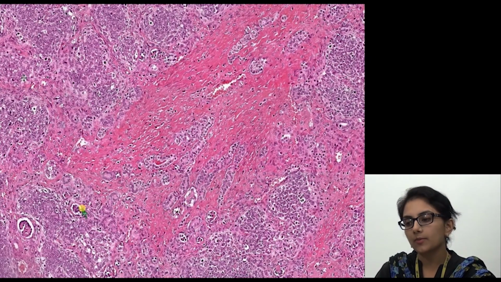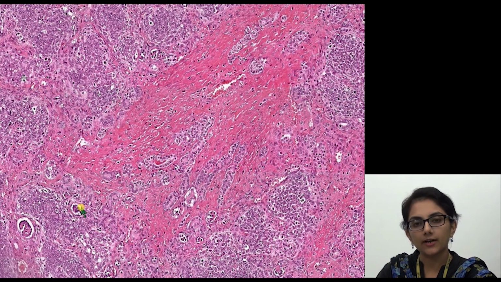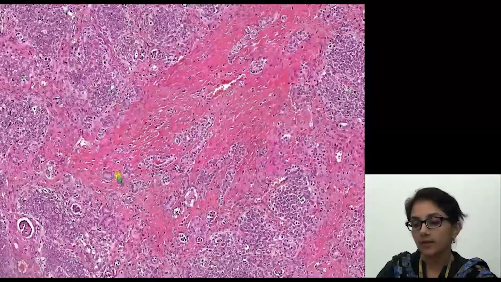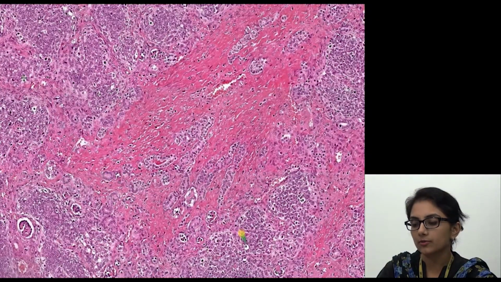And on microscopy, it is classically described as a triphasic tumor. The first part of the tumor that you usually note is the malignant round cell tumor areas, which is also called the blastemal component, and then you may find evidence of epithelial differentiation, which is usually tubular, as well as evidence of mesenchymal differentiation with the spindle cell component.